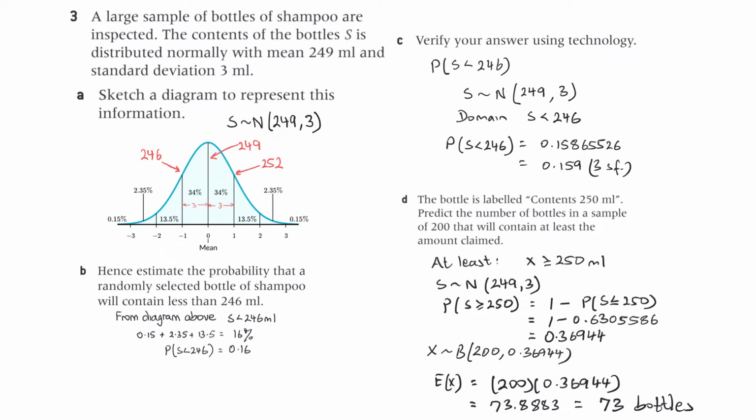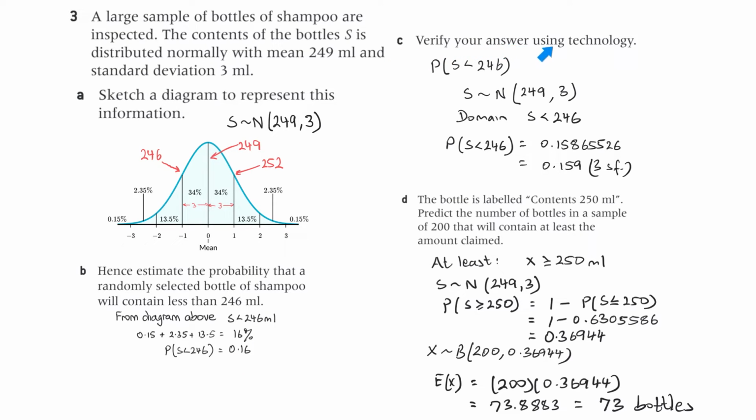The way the textbook did it, they just did 50% minus 34%, and they got the remainder part, because that's the part we're interested in, less than 246. The way I did it is I just added up the 0.15, the 2.35, and the 13.5 to get this area here from minus infinity to 246, and we got a probability of 16%, which was 0.16.